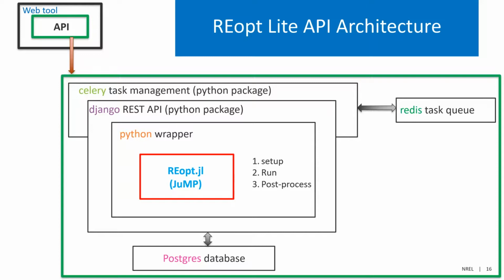Celery task management essentially manages the tasks such that even if you're sending multiple jobs at the same time, rather than burdening the server, it does the computational load management. Then the Redis package helps with queuing the tasks, and the Postgres database is for saving the input as well as output.